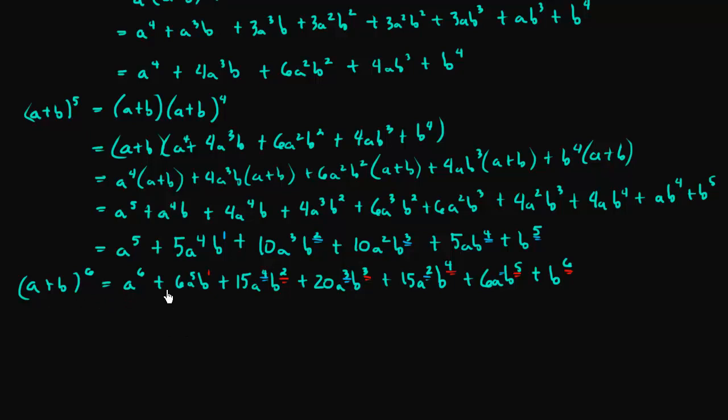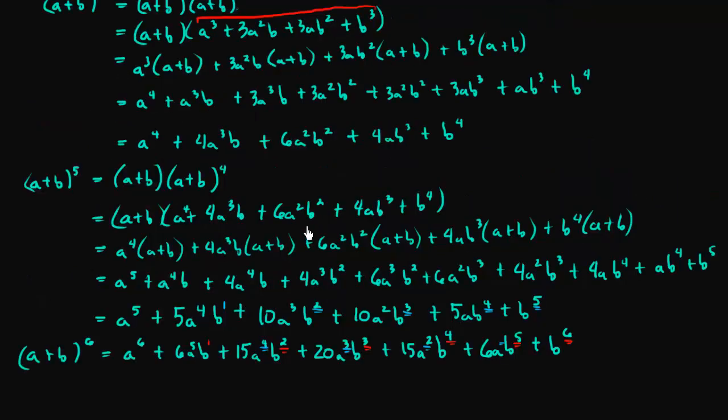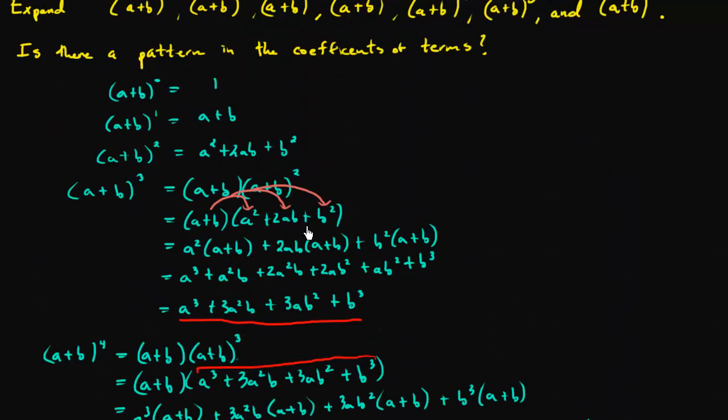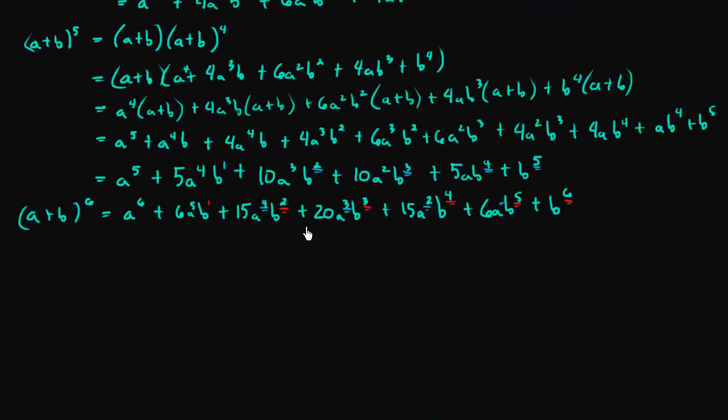But the question asks, what about the coefficients? So let's start by writing out the coefficients. When we expanded (a + b)^0, we had a coefficient of 1.